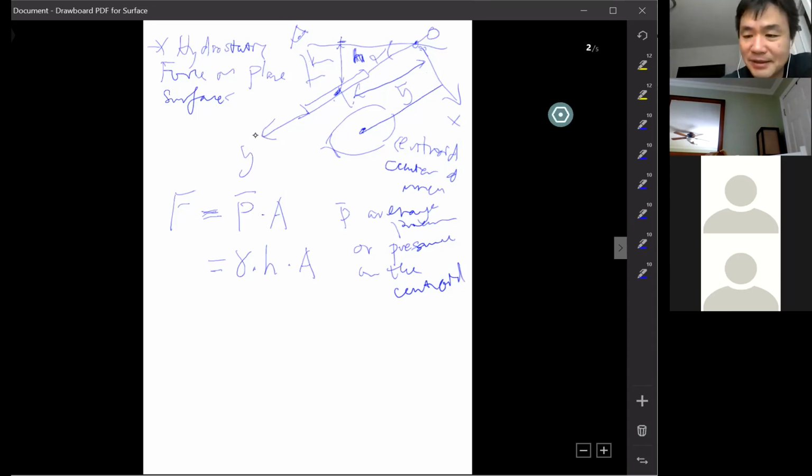To solve problems in the future, you probably need to identify one of them, either H or y bar. If you have y bar, you can calculate H. If you get H, you directly solve the problem.